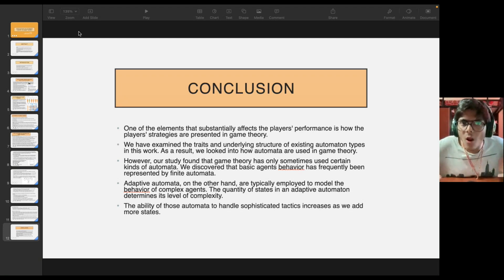However, our study found that game theory has only sometimes used certain kinds of automata. We discovered that basic agents' behavior has frequently been represented by finite automata, while adaptive automata are typically employed to model the behavior of complex agents. The quantity of states in an adaptive automaton determines its level of complexity. The ability of those automata to handle sophisticated tactics increases as we add more states.